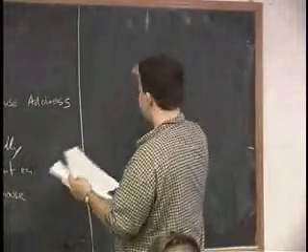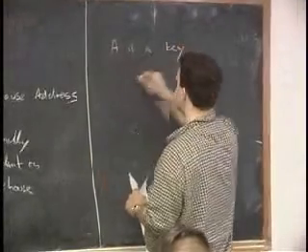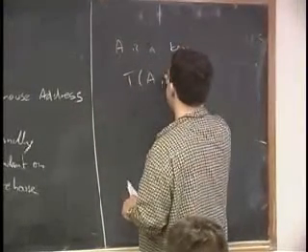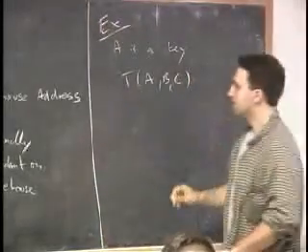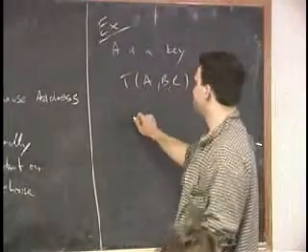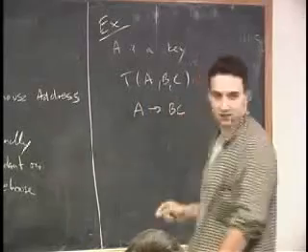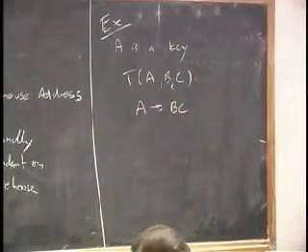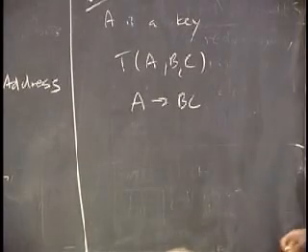So for example, let's say A is a key for some table, A, B, C. Then what functional dependency does that give me? It tells me that if I know what A is, it uniquely determines B and C. Yeah?